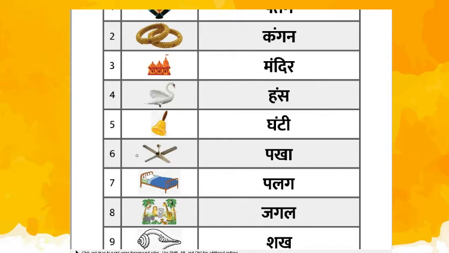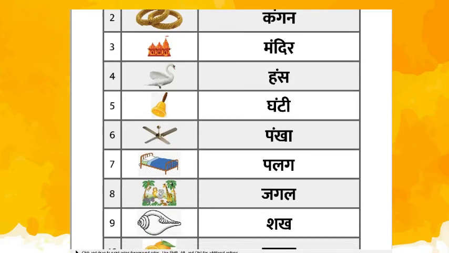We call pankha in Hindi and we have to keep the matra in between pa and kha. Pankha. And look at the seventh picture, the picture of bed. We call palang in Hindi. So we have to keep the matra in between la and ga. Palang.